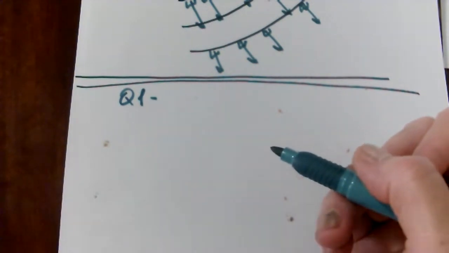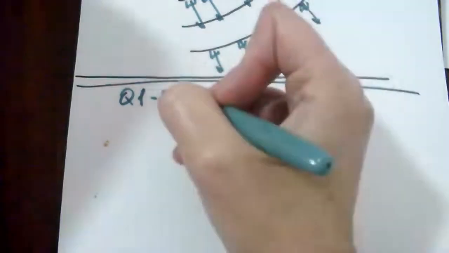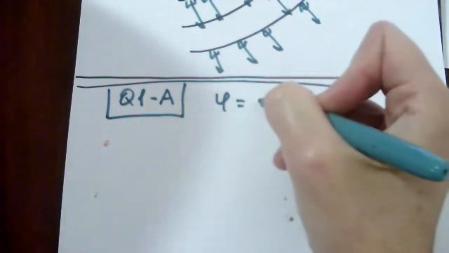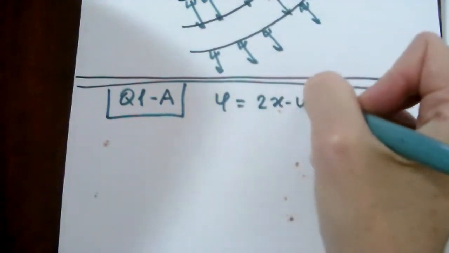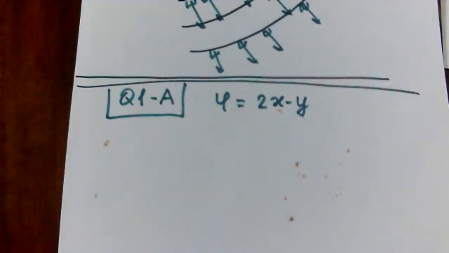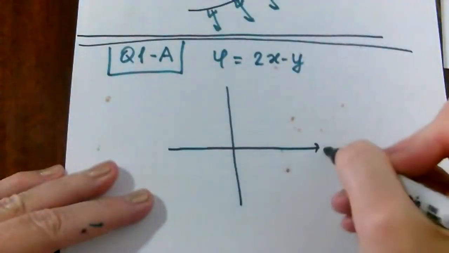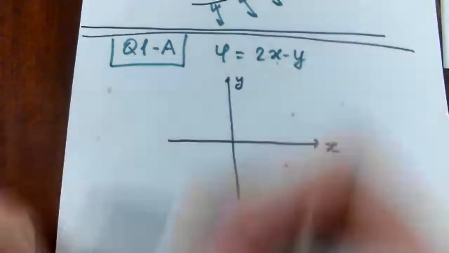So let's do it right now. Let's get back to question 1a. We had a function phi equal to 2x minus y, and of course I'm not going to do it all over again. I'm just going to copy the resulting plot from the previous page.